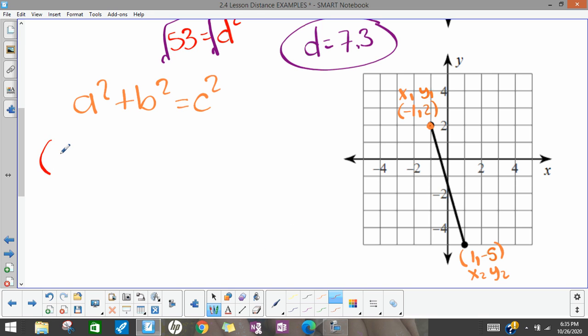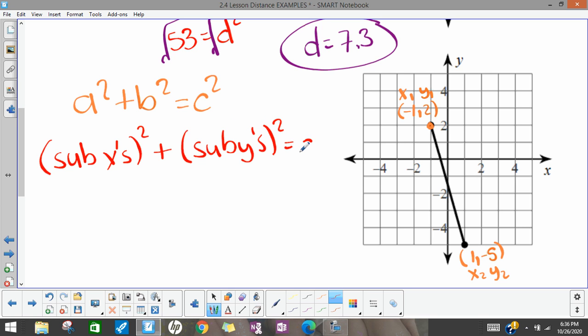To get a, I'll subtract the x's. To get b, I'll subtract the y's. And then I like to change c to d for distance. We're looking for the distance between those 2 points, or the length of the segment. It means the same thing. So I change c to d.